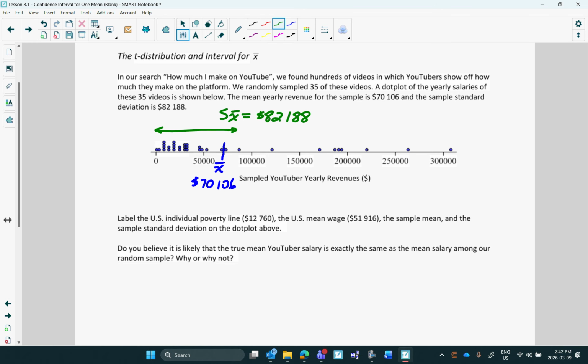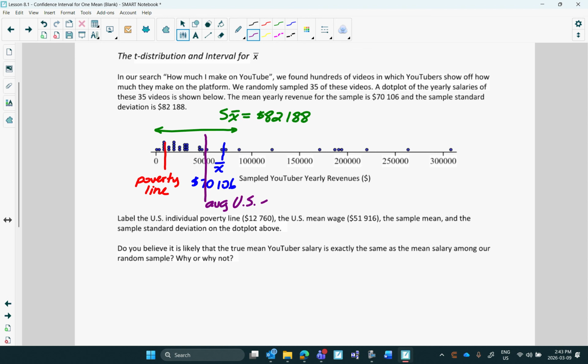Some other figures to keep in mind. The poverty line in the US is 12,760, so it's somewhere here. The average wage in the US is just a little bit under 52,000, 51,916, so we're looking somewhere around here.